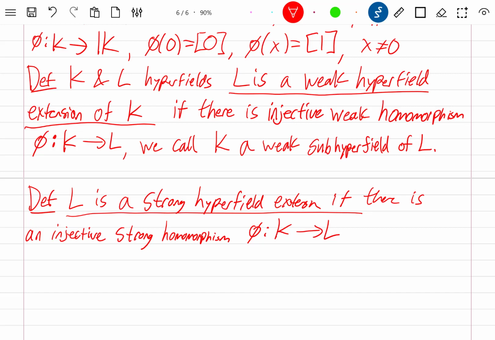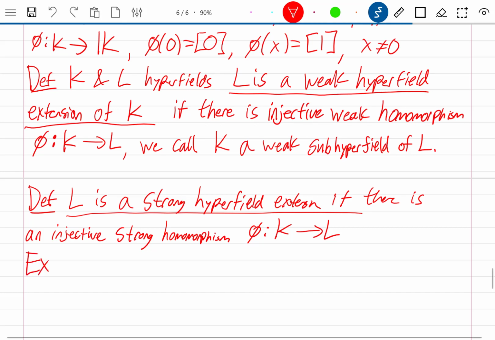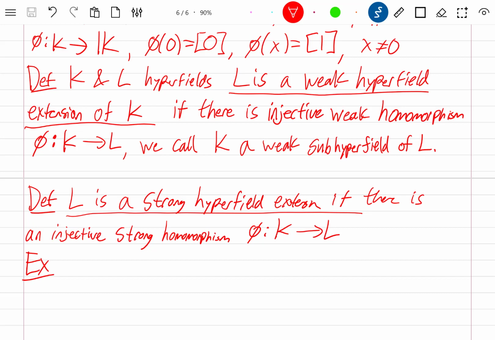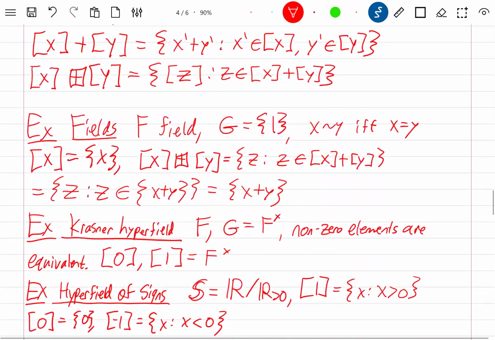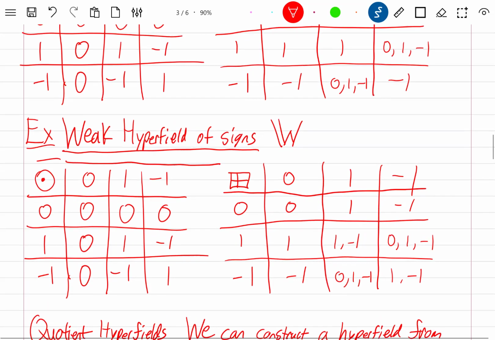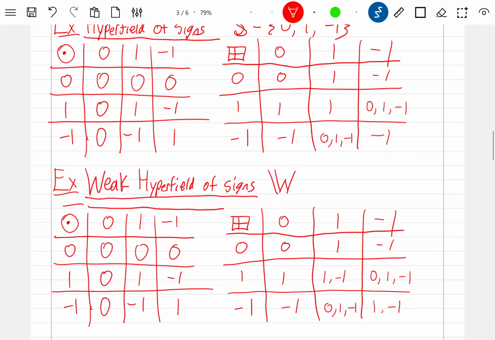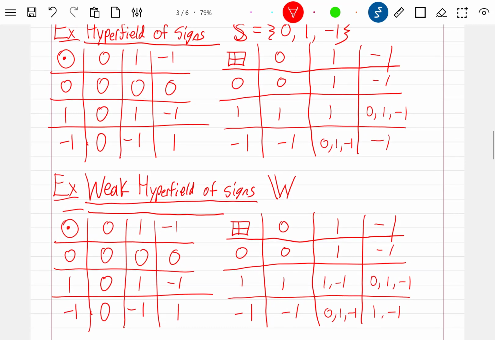So let's give a couple of examples of an extension. The weak hyperfield of signs is a weak extension of the hyperfield of signs. And this is just given by the homomorphism which sends 1 to 1, 0 to 0, and -1 to -1. If we come back up here and look at our addition and multiplication table, clearly multiplication is the same for both of them.